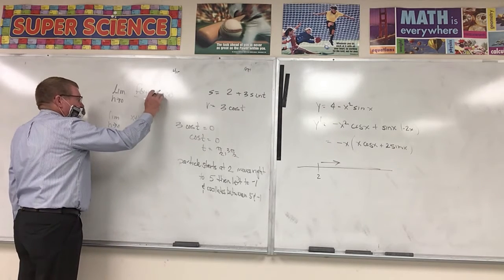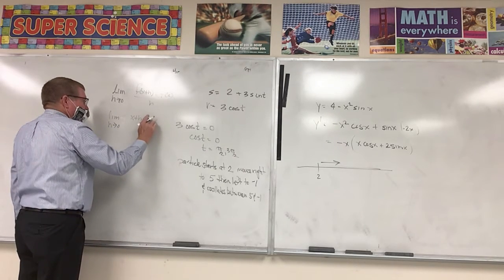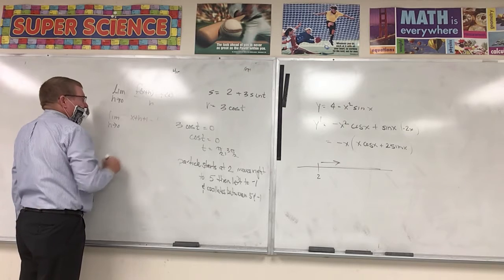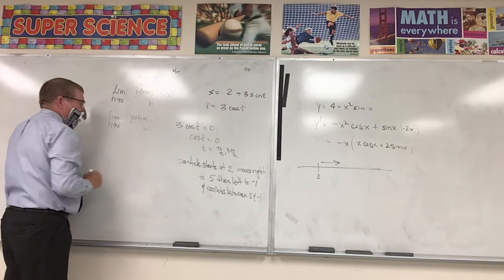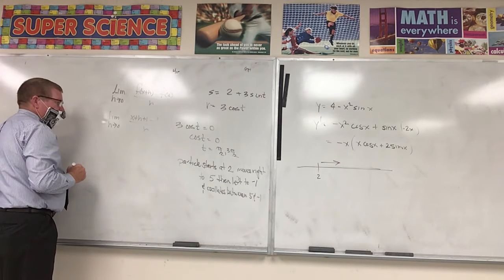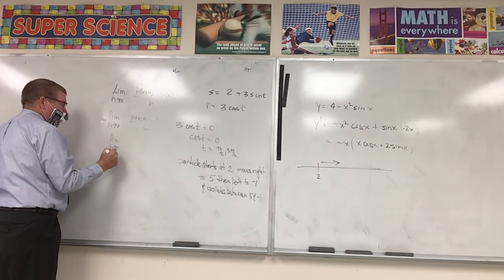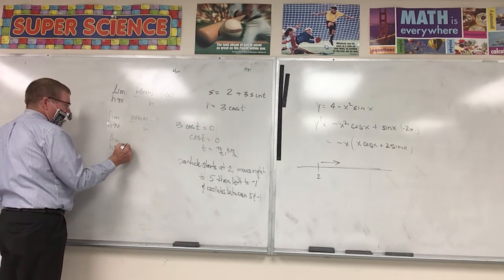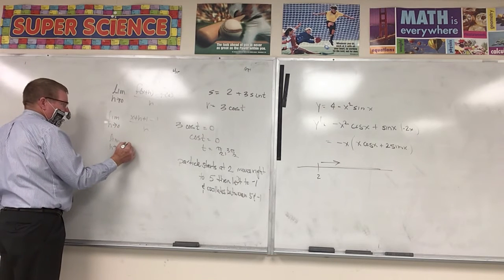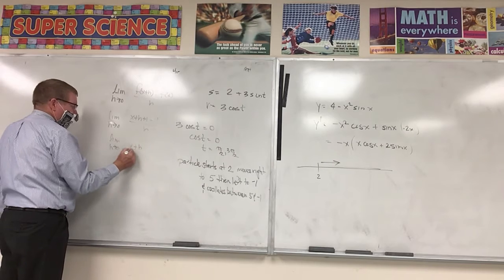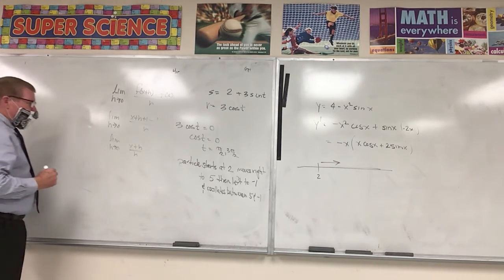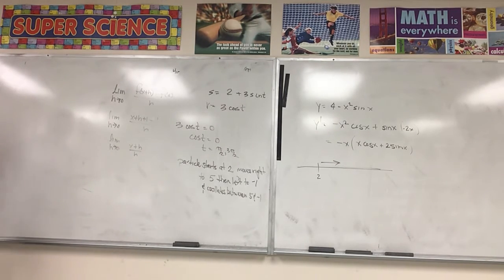I'm sorry, this should not be plus, this should be minus 1 over h. So the limit, as h approaches 0, of, again, x plus h over h. What did I do wrong here?